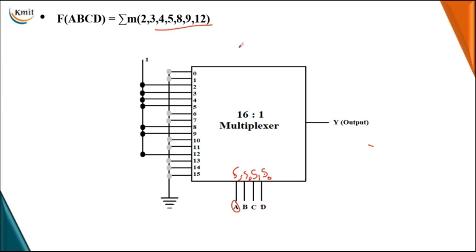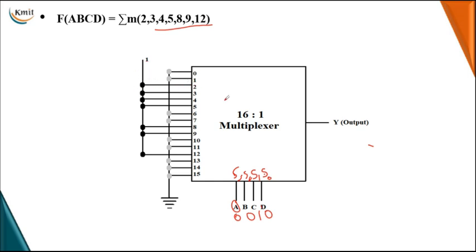For example, if I want to implement the function, let me apply the input combination 0, 0, 1, 0 on ABCD, which is transferred as the selection input. So if 2 is selected, then I2 is transferred to the output. Here I2 is shorted with logic 1, so it is connected with logic 1.